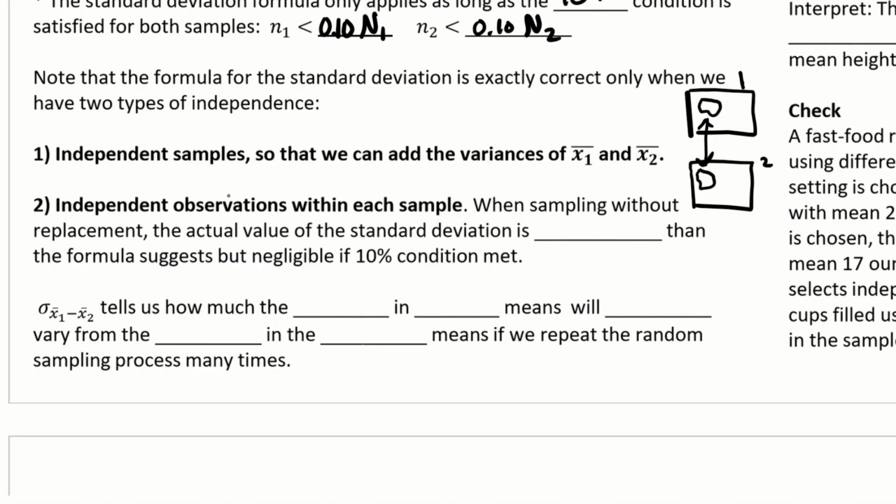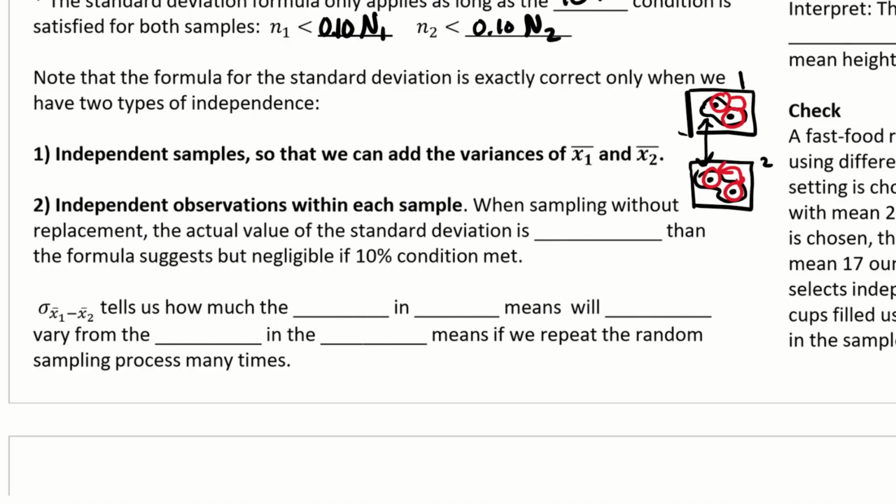The second part is the observations within the sample itself. Let's say you have 2 dots on there, and those represent the data. But the data itself, the observations within the sample, also have to be independent. So you have 2 types of independence here.